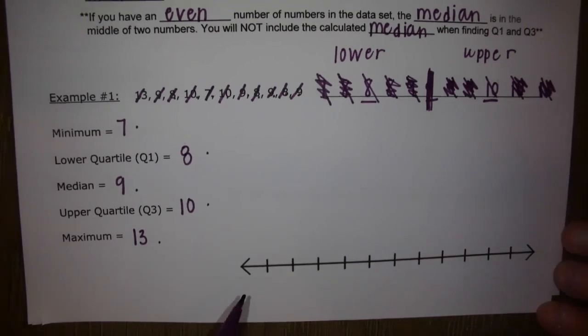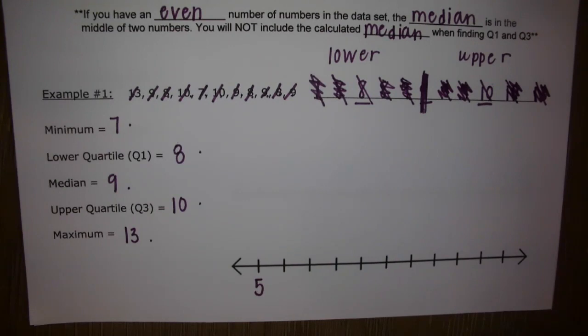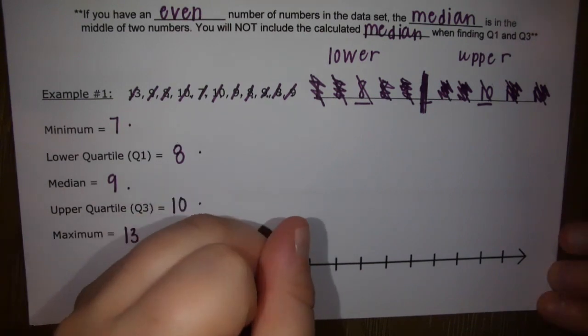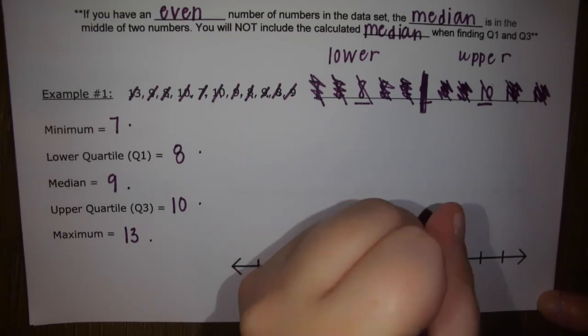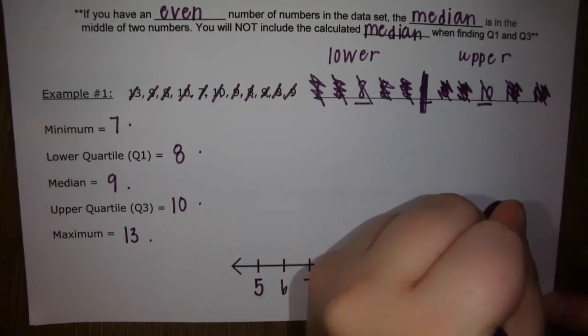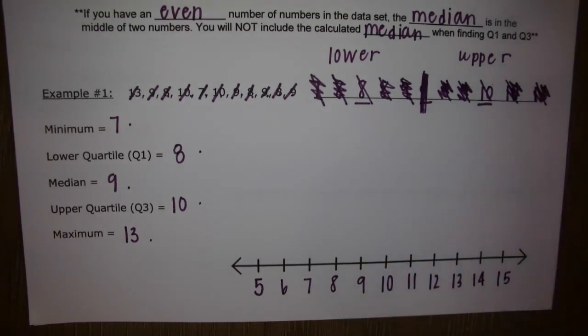So I'm just going to start at 5 here. You could start at 7. That's totally fine. I just like to start a little bit under so there's room on either side. So 5, 6, 7. Boom. Okay. Number line handled.